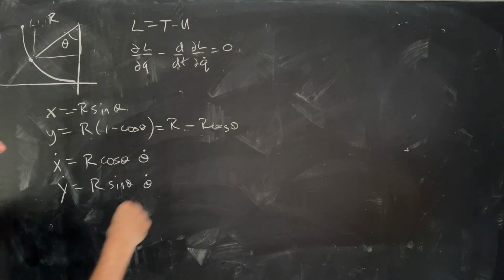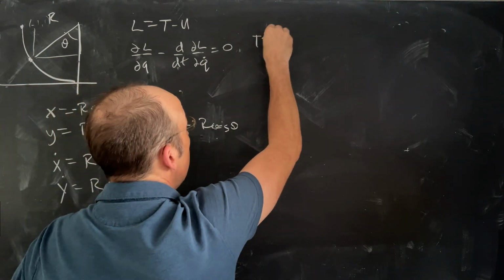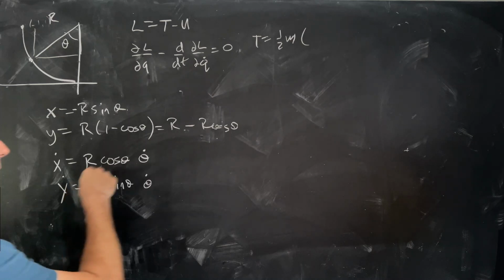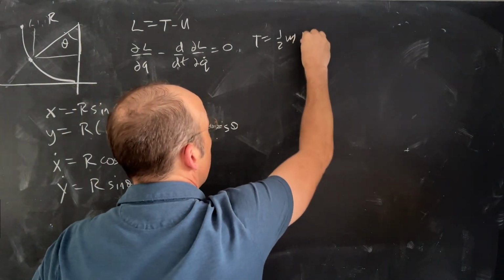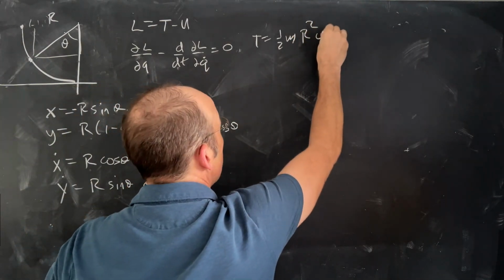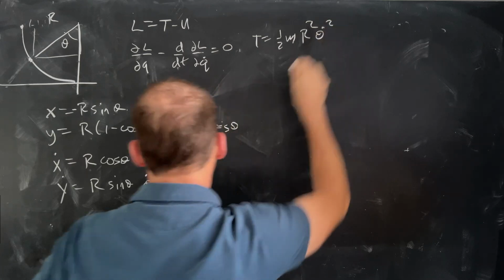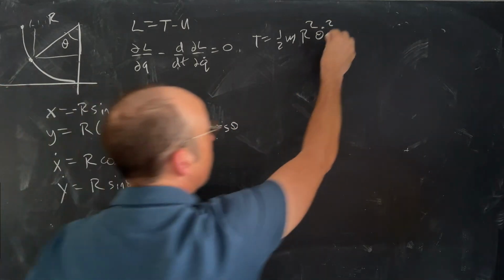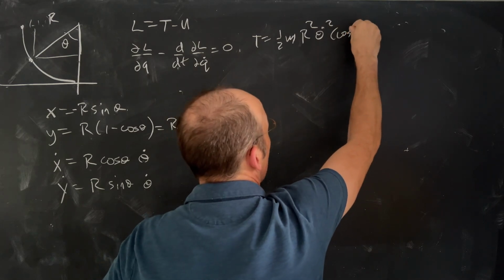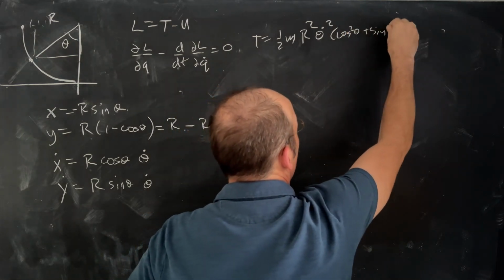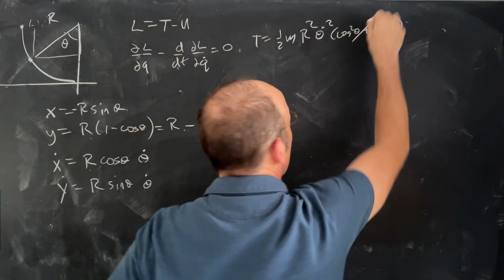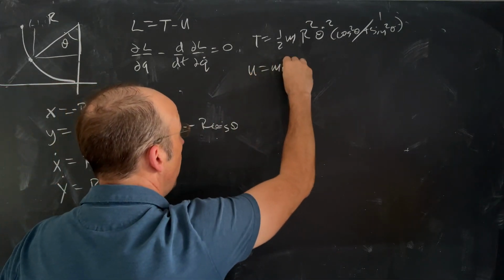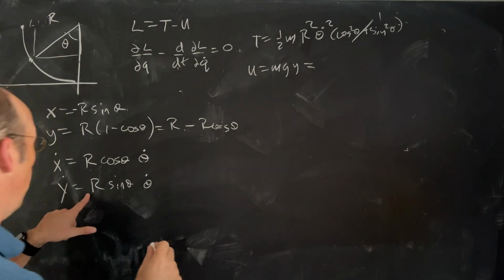Let's just do it. So T is 1/2 m x dot squared, so it's going to be this. I can factor out the r squared theta dot squared, because they both have r squared theta dot squared, and then I get, surprise, cosine squared theta plus sine squared theta, and that's just 1. And then my potential energy term is mgy, and here's my y.